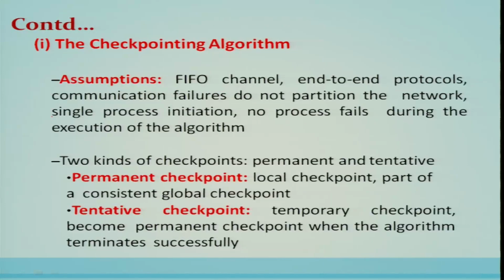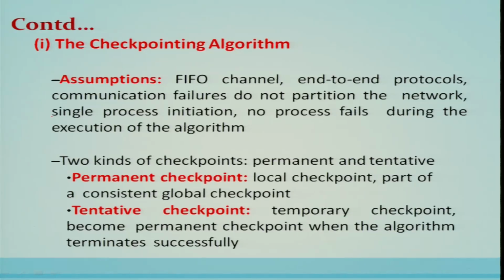In the checkpointing algorithm, the assumptions are that the channels are FIFO, it is an end-to-end protocol, communication failures do not partition the network, there is a single process for initiation, and no process fails during the execution of the algorithm. So with these assumptions, the checkpointing algorithm is as follows.